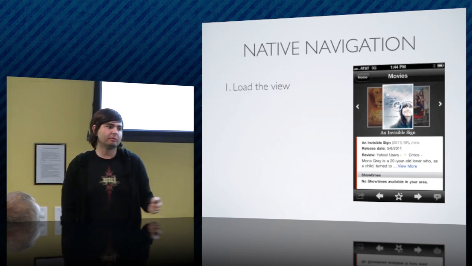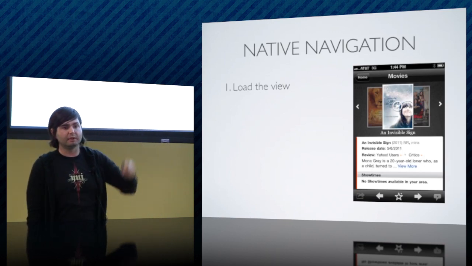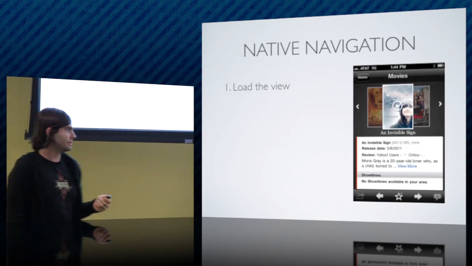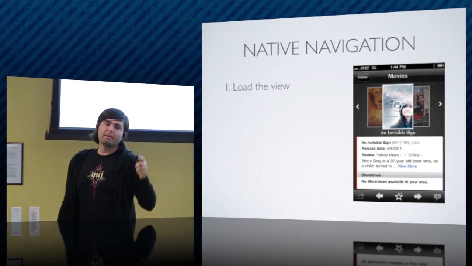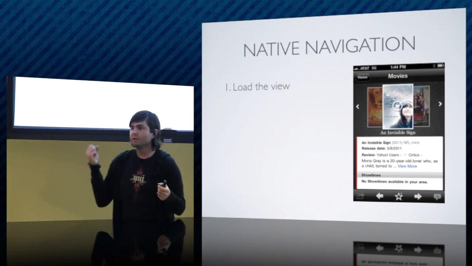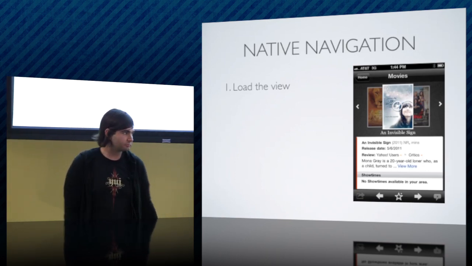Now, we want to be able to click next and previous and go to the next view and the previous view. Because all the content is coming from the web, there's already a disconnect between the native layer and the web layer.